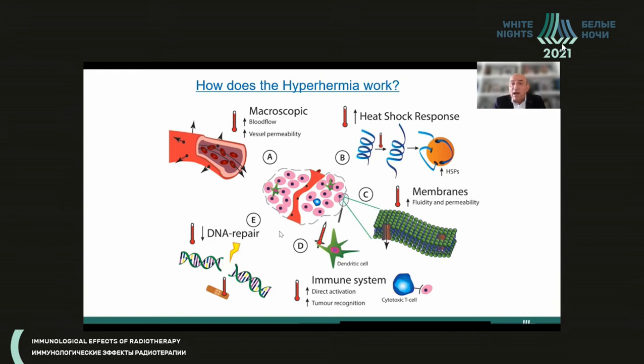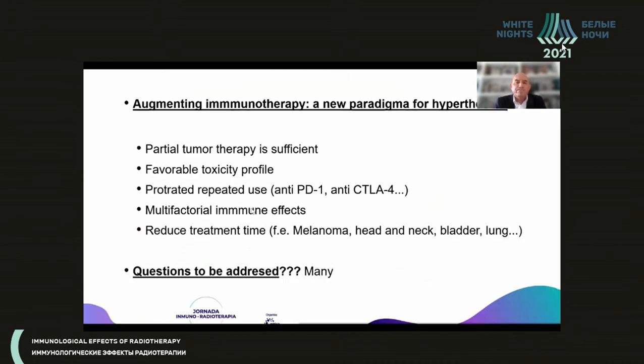E, hyperthermia affects DNA damage repair pathways by deactivating specific repair proteins, and this produces an enhanced response to treatment with chemotherapy or radiotherapy.